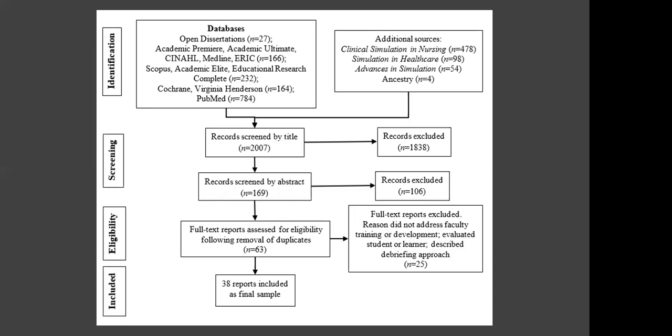For all those processes, we found 2007 articles. We screened those by title and then by abstract. We had 63 articles that we read in full and then looked for our inclusion criteria. We excluded 25 of those because they did not address faculty development or training, and were more focused on evaluating the student or the learner versus talking about how you train educators.